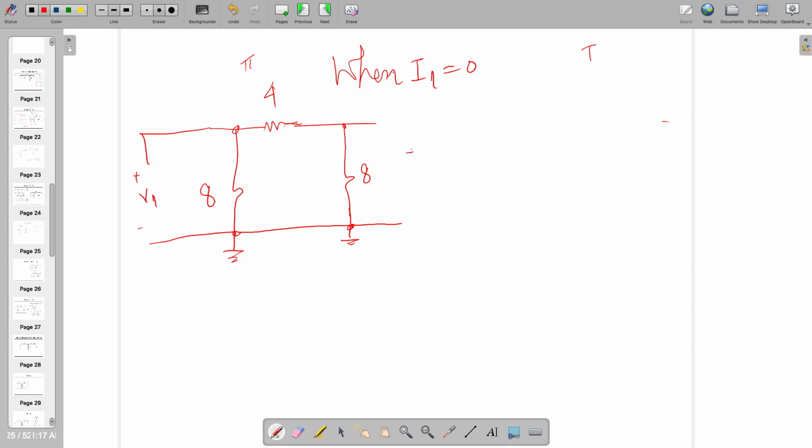So now, if you are interested in, if here you have V1, here V2, earlier I made I2 equal to 0, but now I am going to keep I1 equal to 0. So when it is I1 equal to 0, what am I going to see? Can you tell me in the case of Z22?